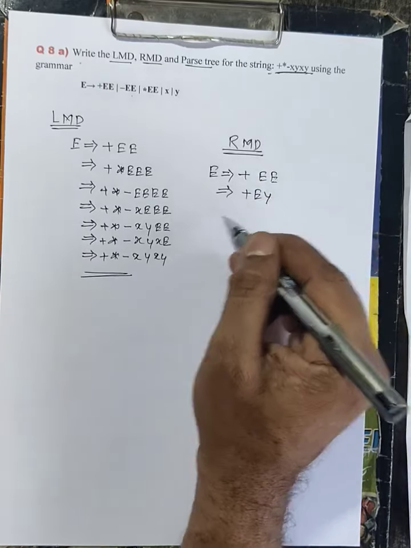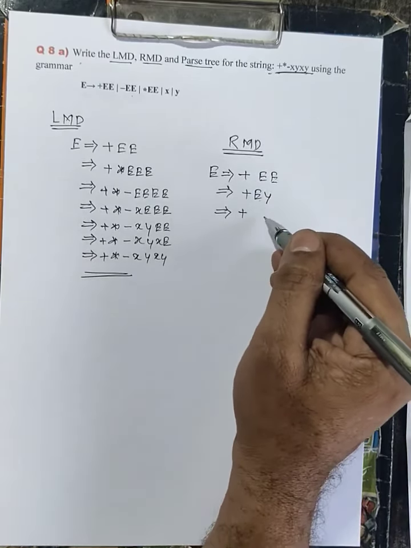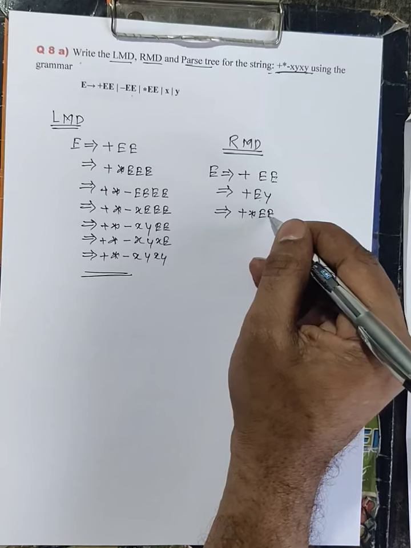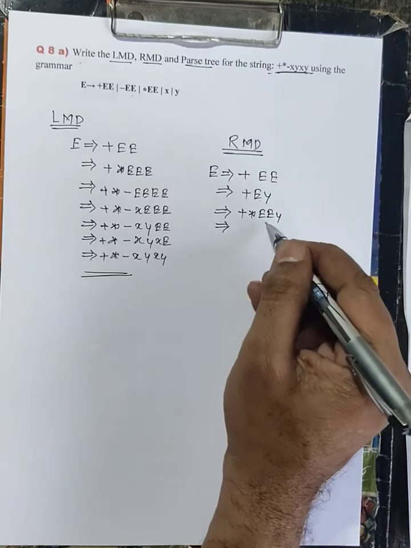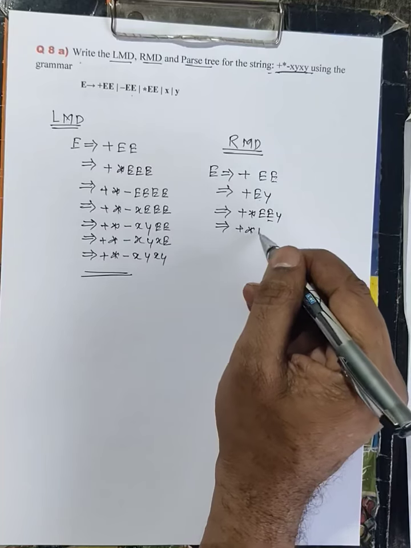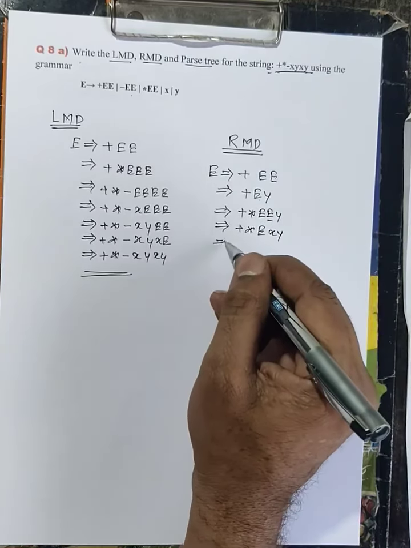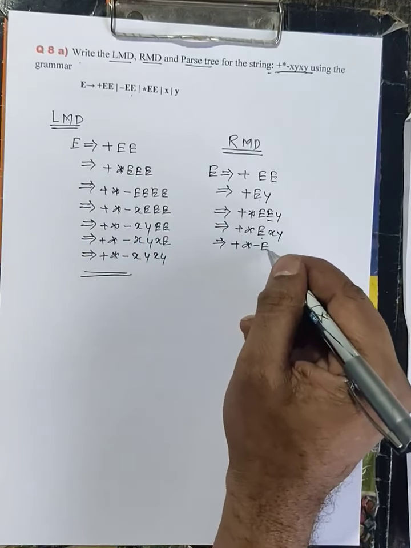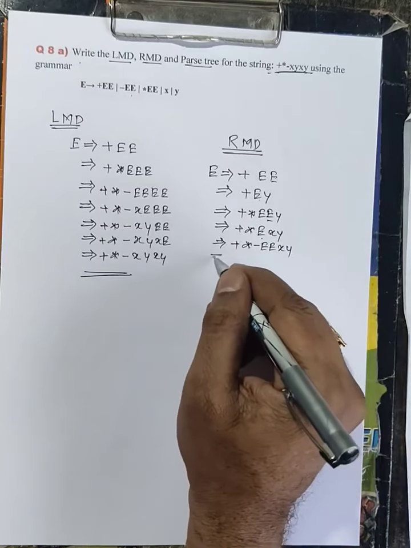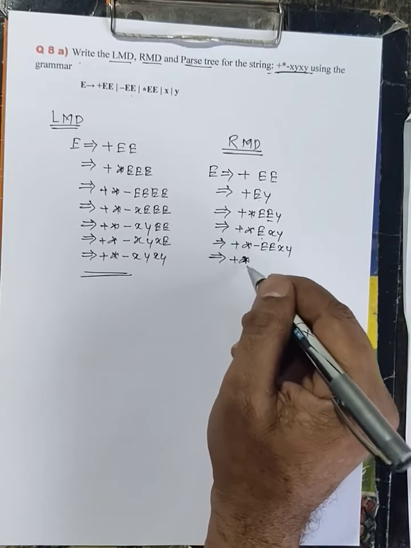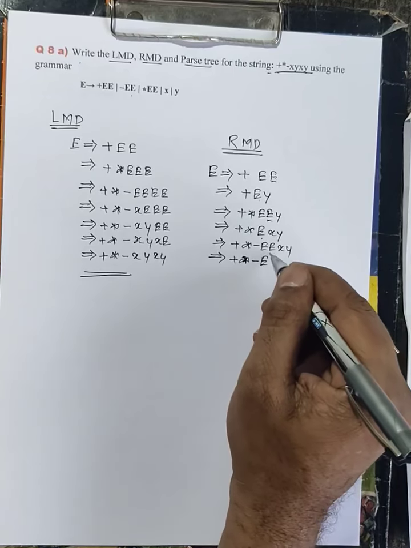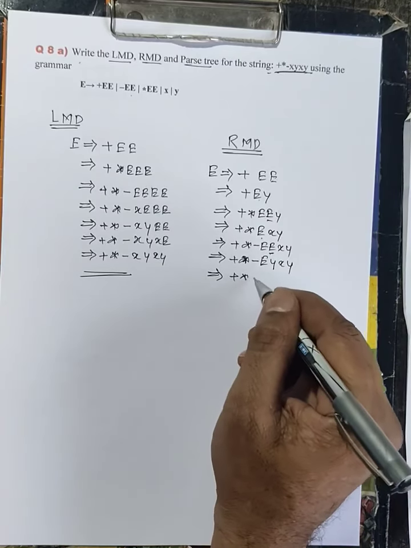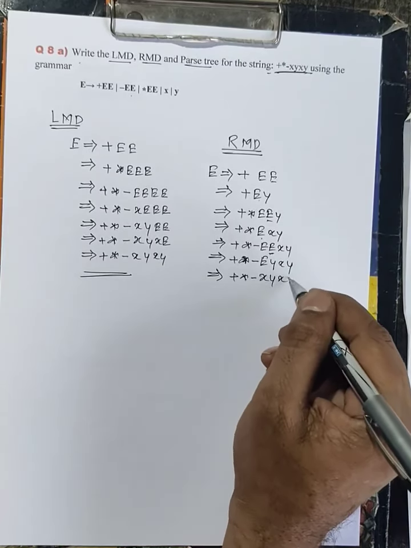This E replaced with Y. Then this E replaced with the third production, star E, then Y. Again from the right side this E replaced with X: plus star E X Y. Then this E replaced with minus E, this XY as it is, plus star E. This E replaced with Y. Then at the last, plus star minus, this E replaced with X, XY.